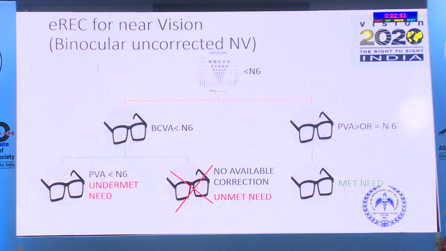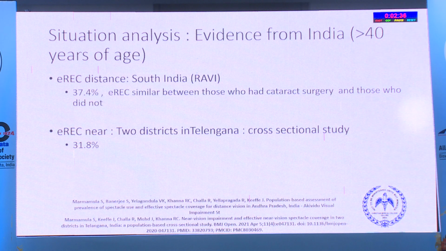And if a person is less than N6 uncorrected, has a pair of glasses which do not improve to N6 or better, that is again undermet need, does not have available correction, has unmet need, and somebody who can read with his glasses is again met need.